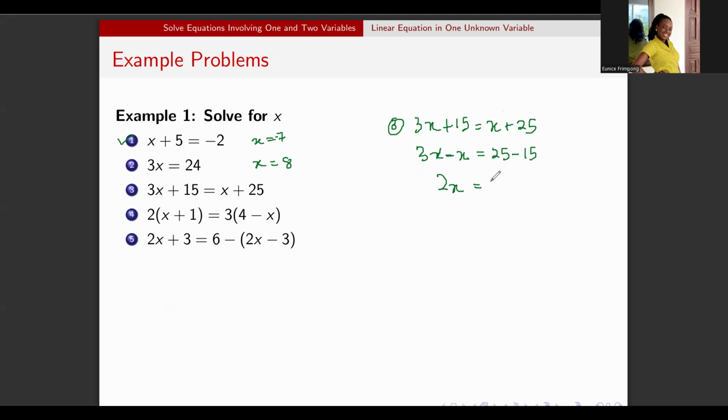And 25 minus 15 gives me 10. I still want to make x stand alone. Now 2 is multiplying x, so I can divide here by 2 to remove the 2 and do the same thing to the right-hand side. 2 cancels out 2. 2 goes into 10 five times. So eventually I have my x being equal to 5. So in this case, x is equal to 5.